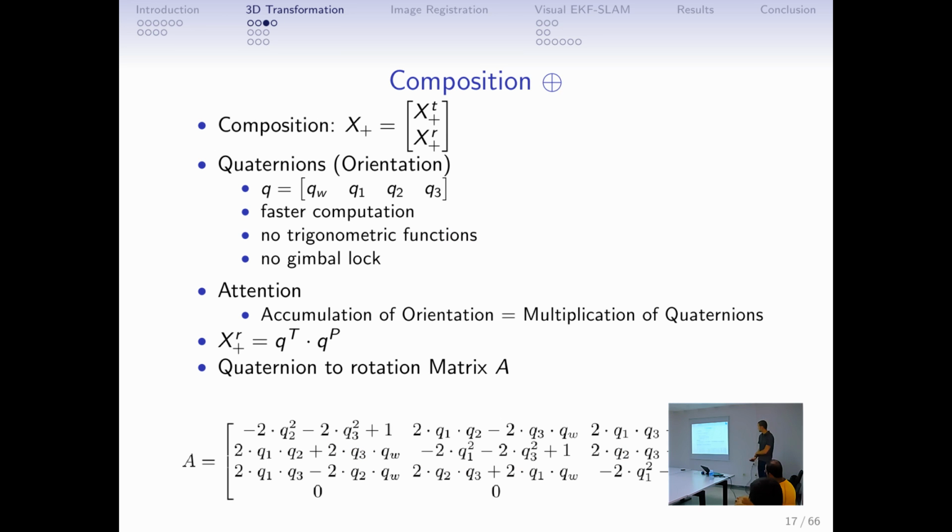So, let me start with the rotation. I'm using quaternions, as I told you. They have faster computation because of the lack of trigonometric functions. And they don't have the problem with the gimbal lock that Euler angles have. But we have to pay attention to the accumulation of orientation if we are dealing with quaternions. Because this is not accumulating quaternions, this is multiplication of quaternions, what we see here.